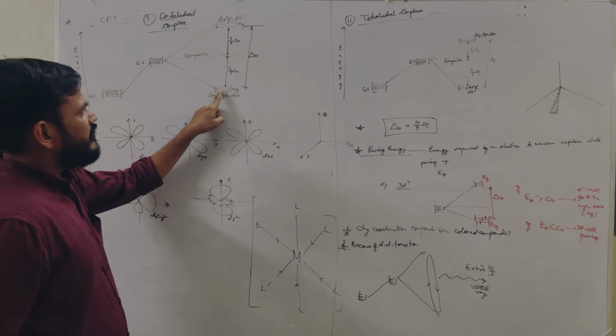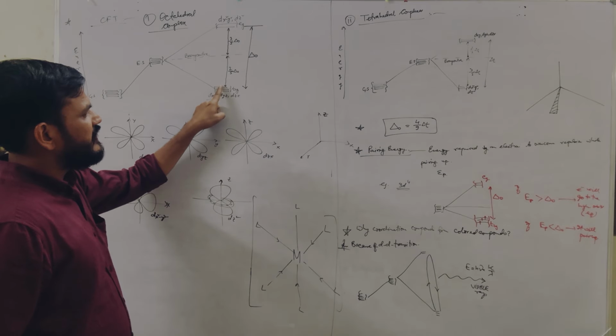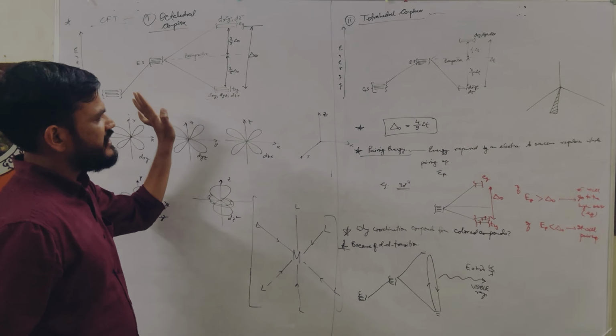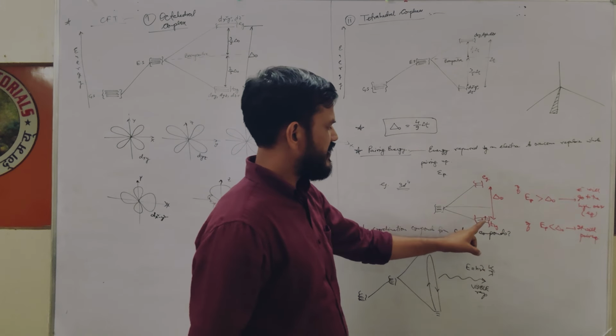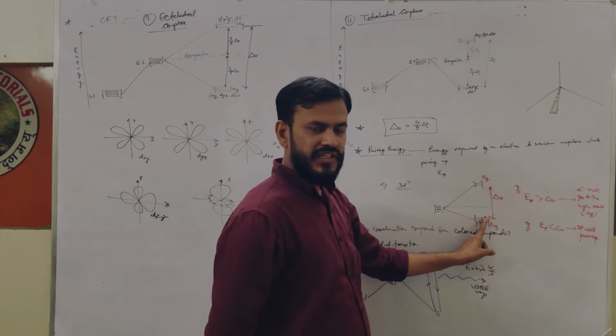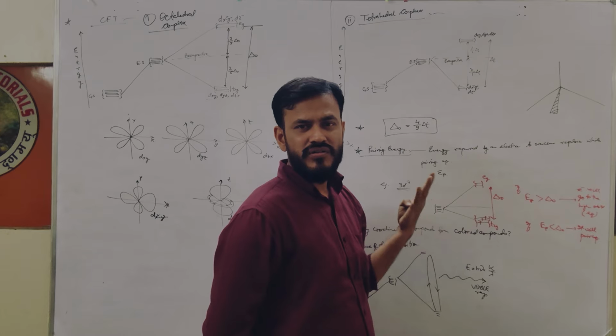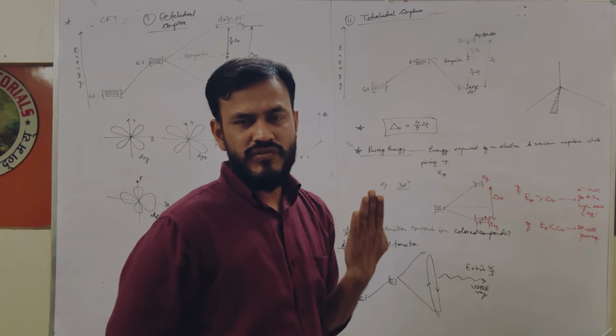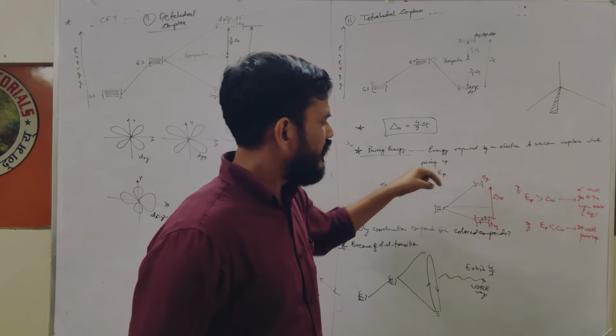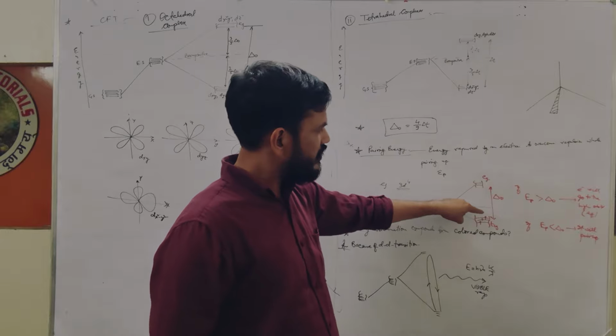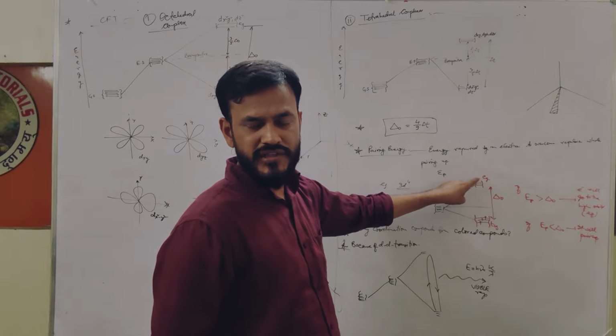So 1, 2, 3 electrons will get filled up as usual. Now the problem is with the fourth electron. What will happen to it? Will it pair up or jump to the higher orbital?